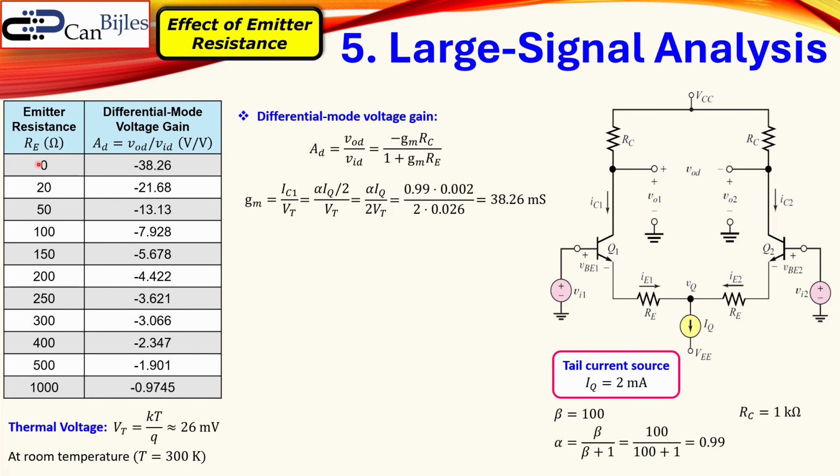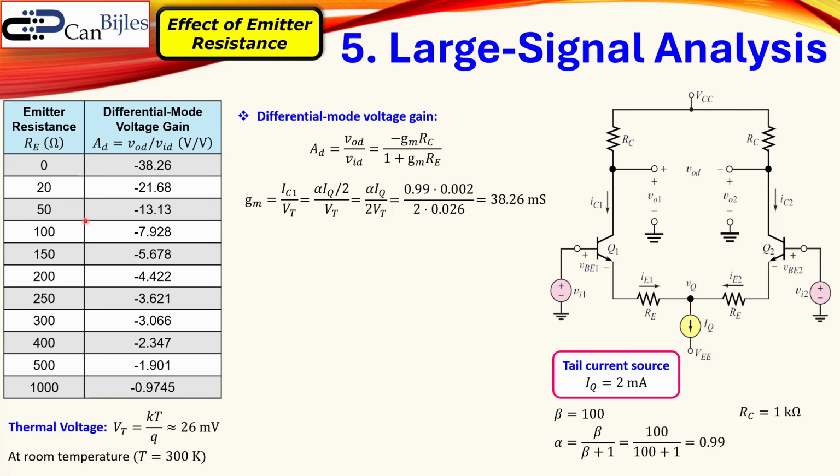Now look at that. First one, RE is 0, our gain is almost minus 36.26. If I increase it just by 20 ohms, not that much, I get here a gain which is dropping to minus 21.68. So you might now extend your linear region, but you will lose gain here, and this is a huge reduction actually. And if you go to 50 ohms, then I go to minus 13.13.